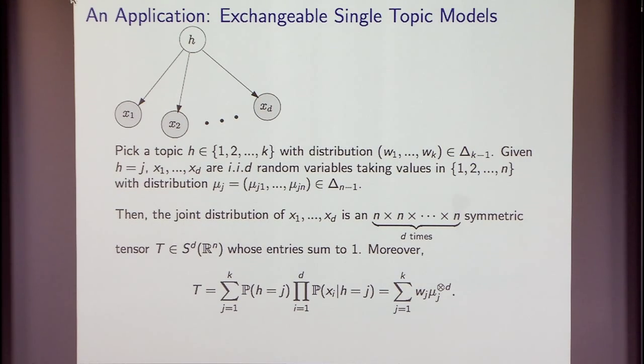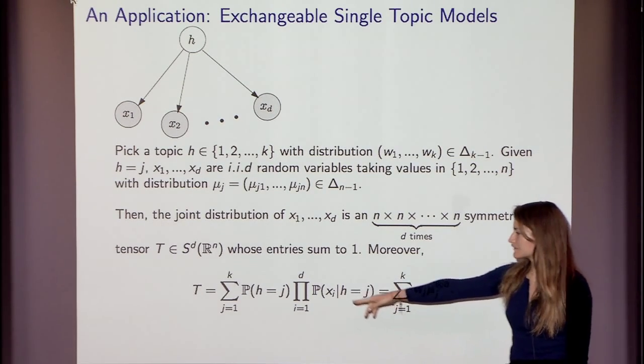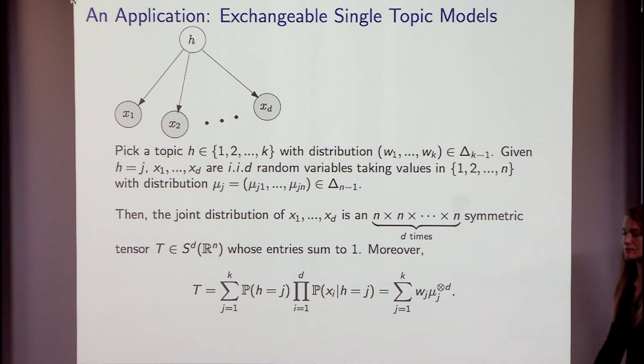So what is this distribution? Since they're independent given the topic, we sum over all the possible topics j from 1 to k, the probability that the topic is j, times the distribution of the words given the topic is j.